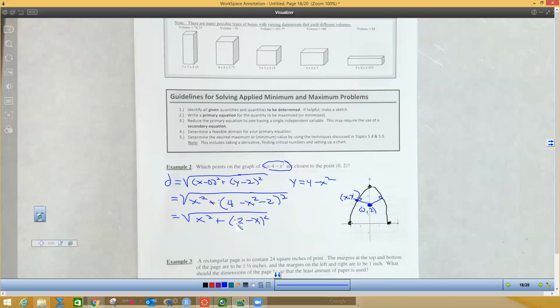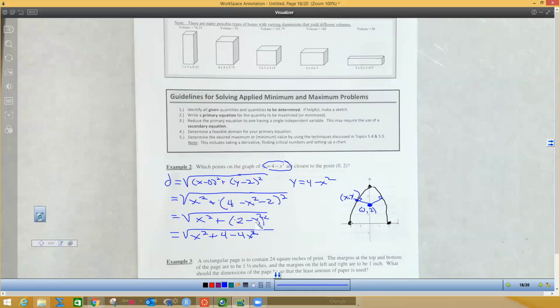And then I think I'm going to go ahead and simplify this thing maybe, or do we want to just use this? Oops, that's x squared right there. I think I'm going to go ahead and simplify this whole thing here. So this is going to be x squared, and then when I do a binomial square, I square the 2, and I take 2 times negative x squared and square that, so that'd be negative 4x squared.